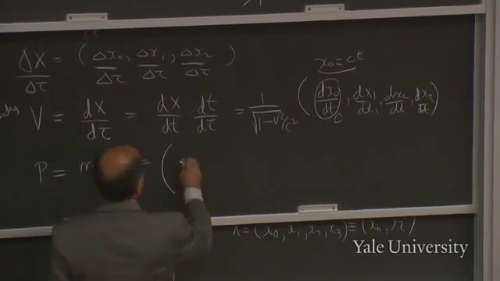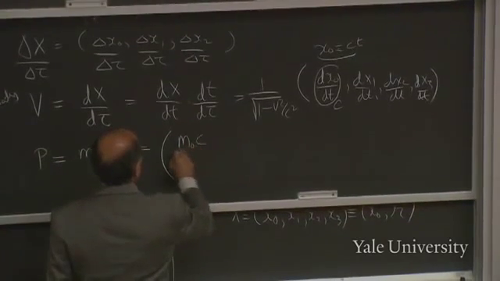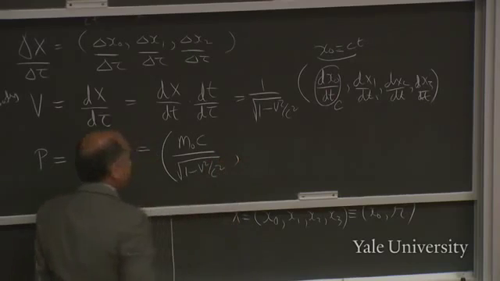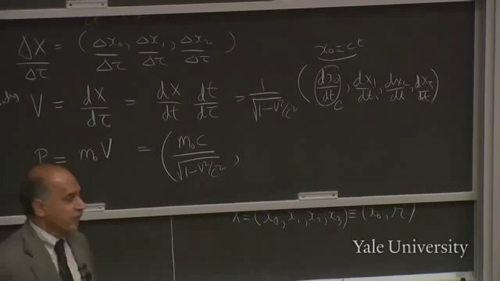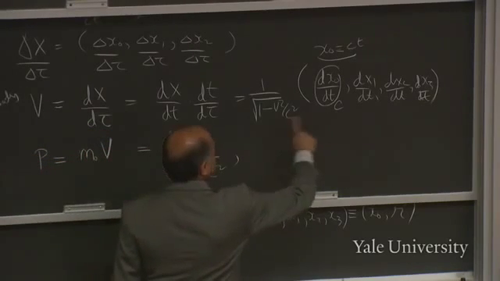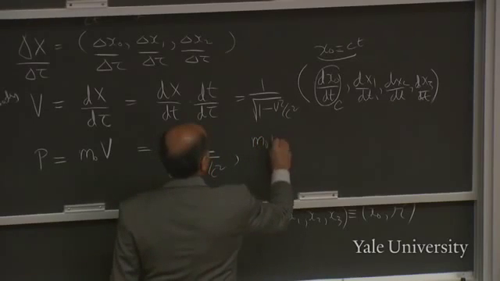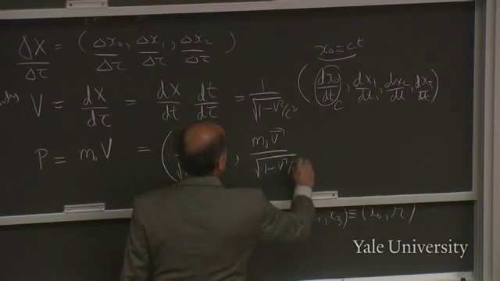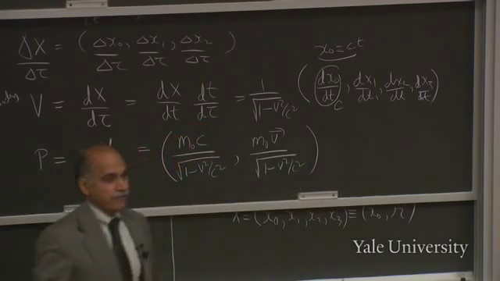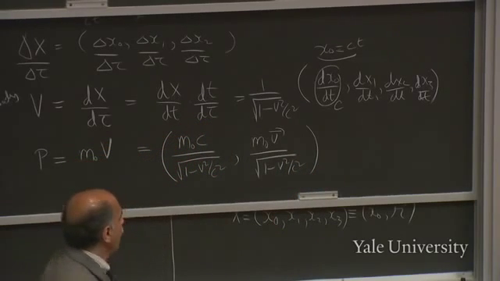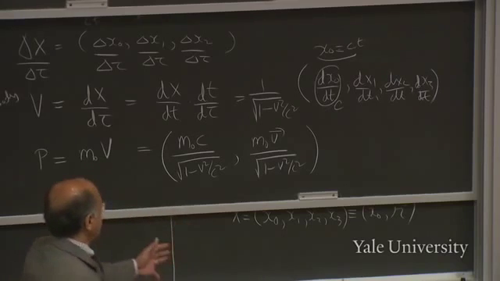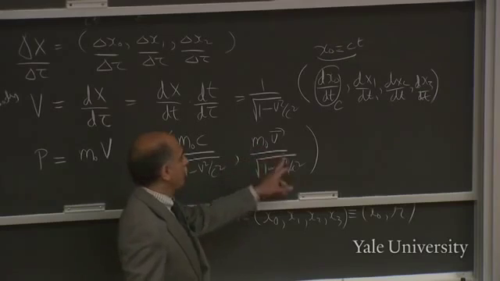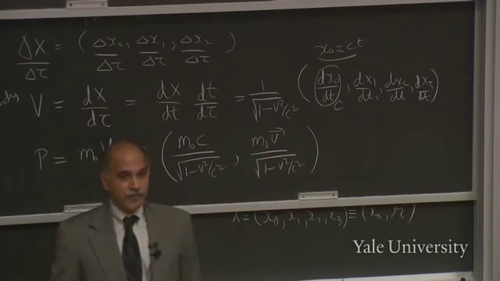So this is a vector m0 c over the square root of 1 minus v squared over c squared. Then the other component, let me write simply as m0 times the familiar velocity over the square root of 1 minus v squared over c squared. If you wanted to keep the x, y, and z velocities, you can keep them as a vector, or if you just want to live in 2 dimensions, one space and one time, drop the arrow.